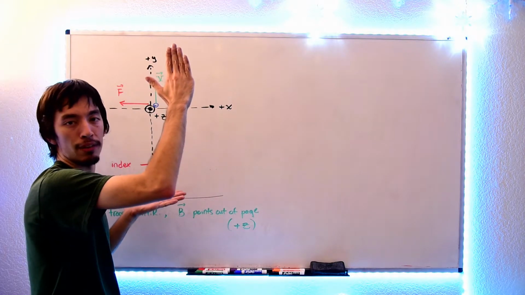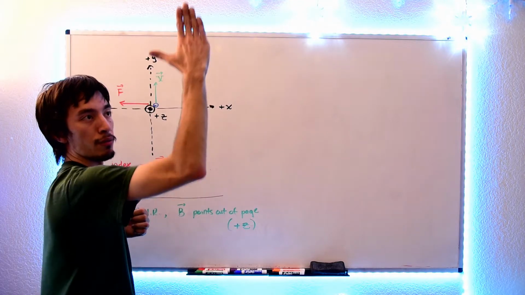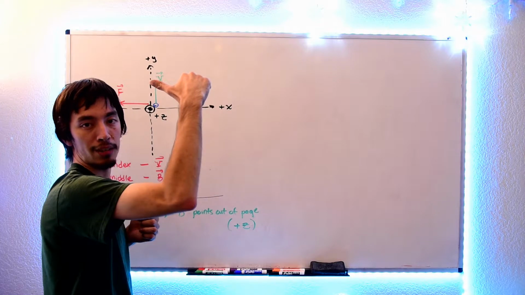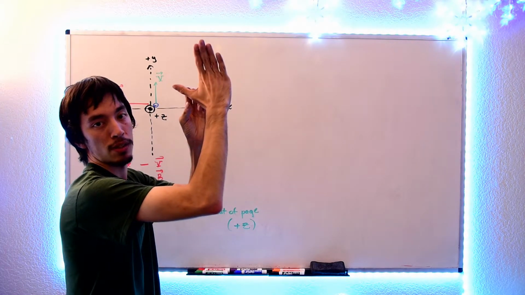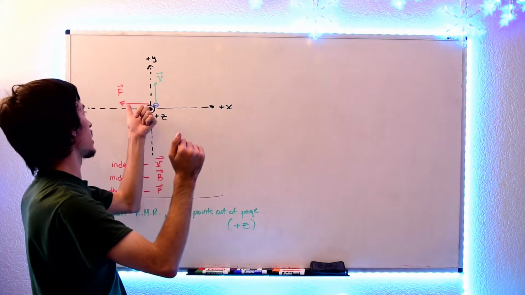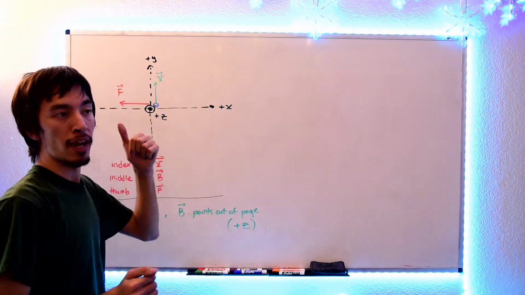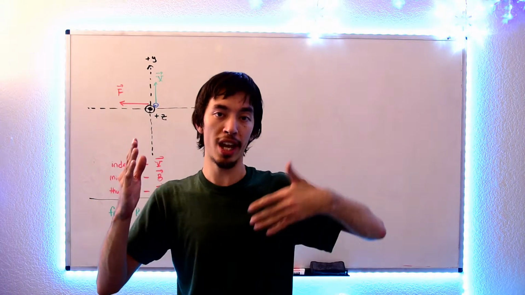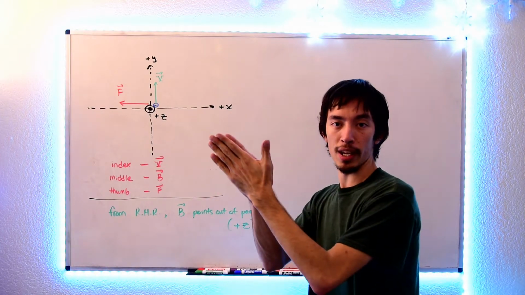So let's say the magnetic field was into the page. What I would do is take my fingers from the velocity direction and turn them until it matches the direction of the magnetic field. And notice that the thumb stays in the same direction, which is the force. In this case, you kind of have to work off the force and the velocity. And the same rule applies where you use your right hand for a positive charge and your left hand for a negative charge. So I'll do it with my left hand.